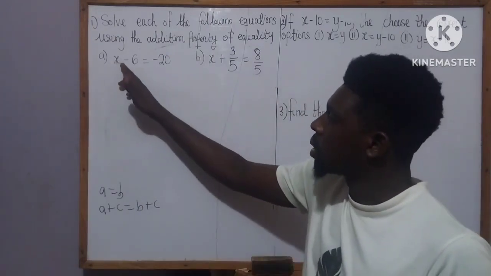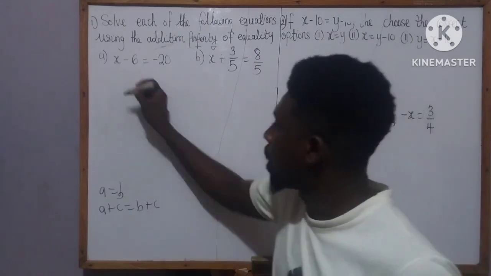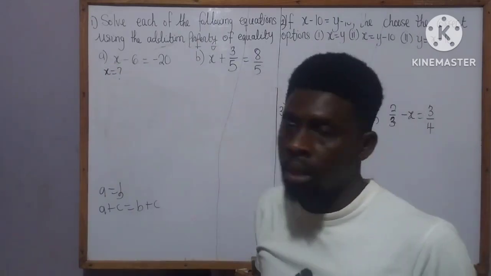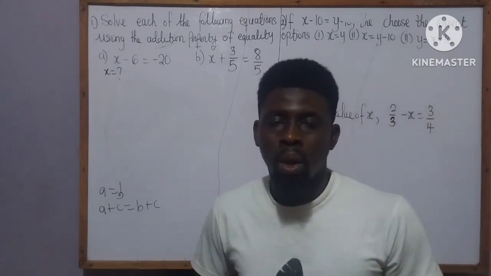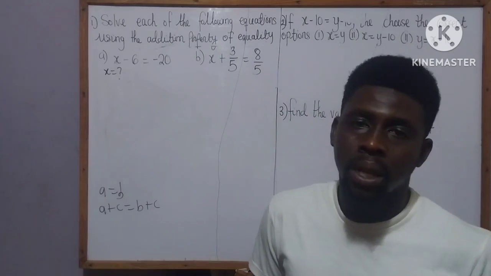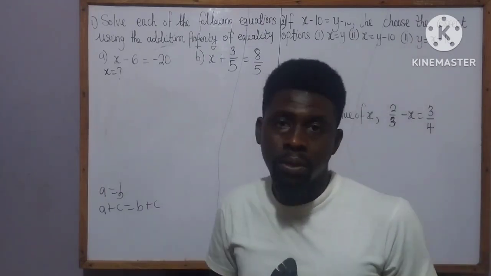Over here, I have x minus 6 equals negative 20. Our aim is to find x. So what we are doing is making x the subject of the equation, or making x stand alone at the left-hand side of the equation. To do this, we have to eliminate negative 6.